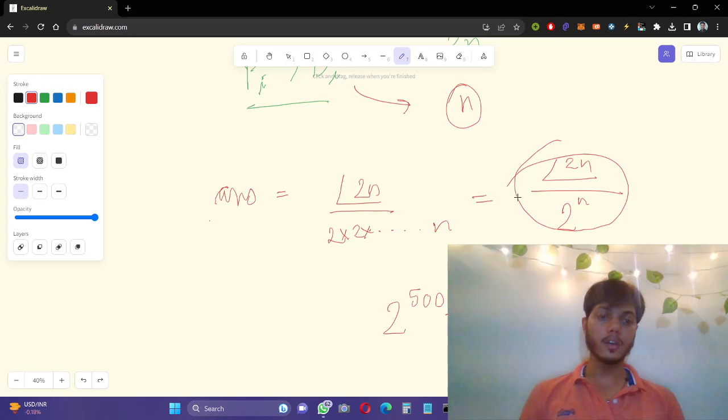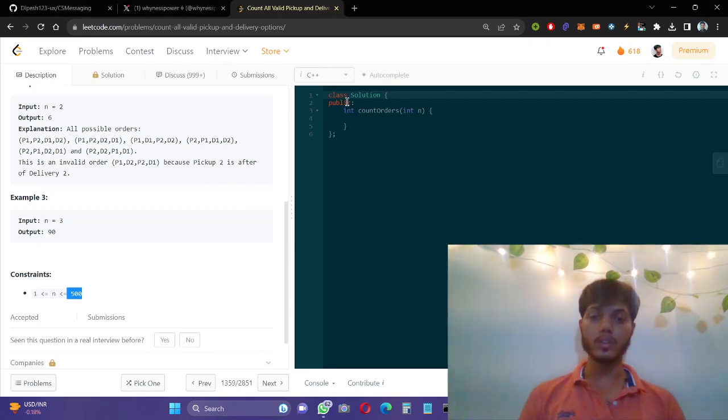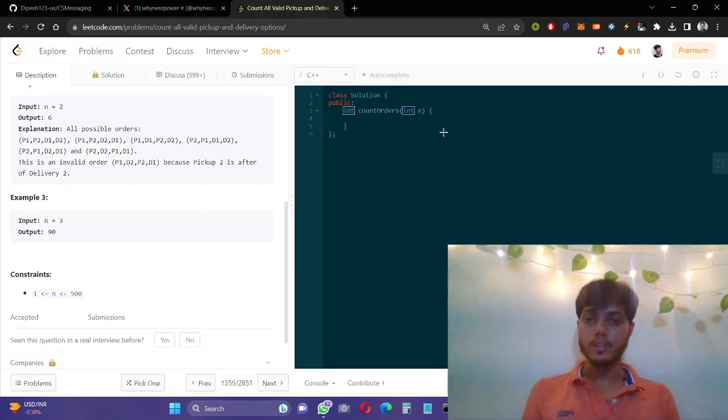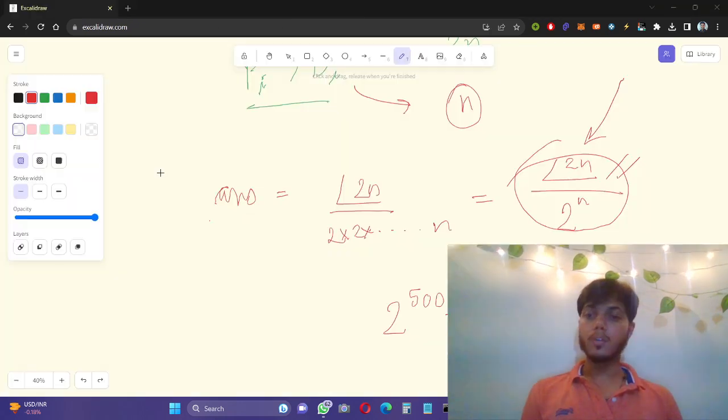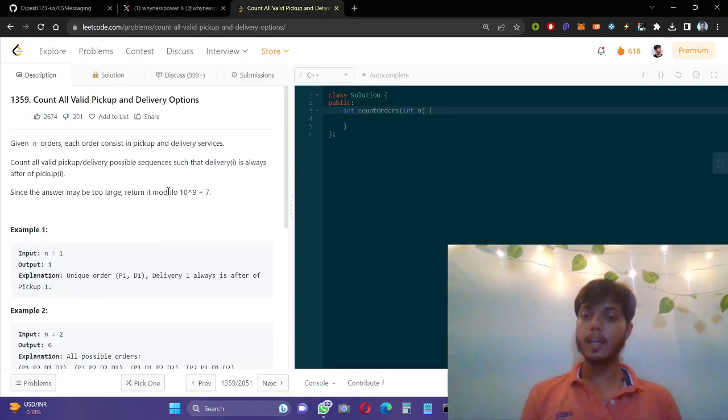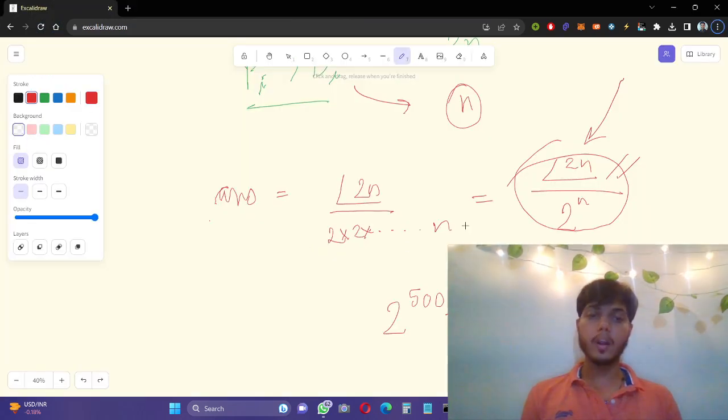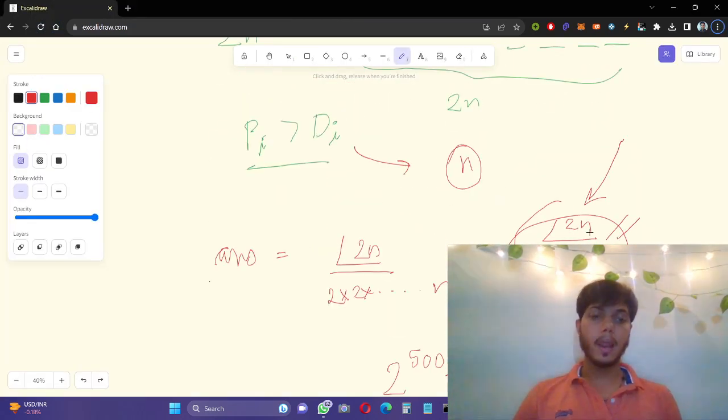Also, counting this is going to be very tedious, because as you can see in the question, all the computation needs to be done in integers, and you also need to take the mod every time it overflows. So I cannot blindly go and do 2n factorial divided by 2 to the n.